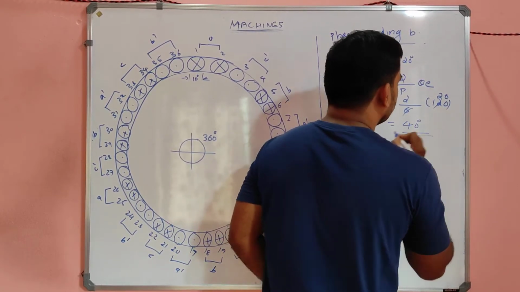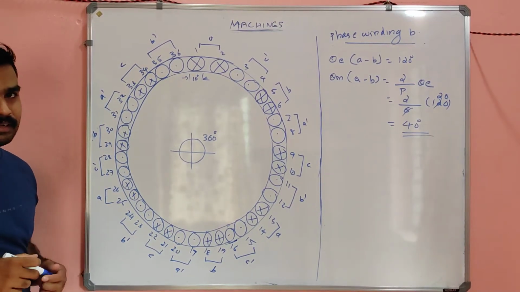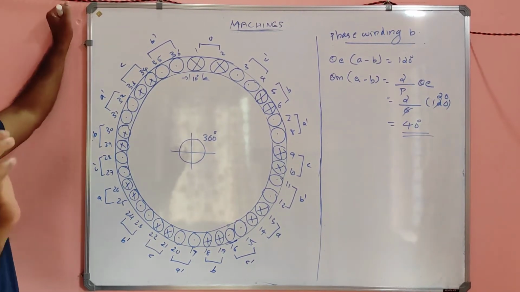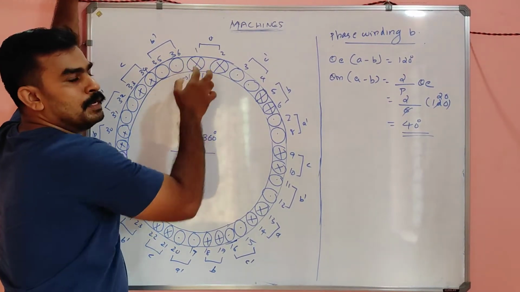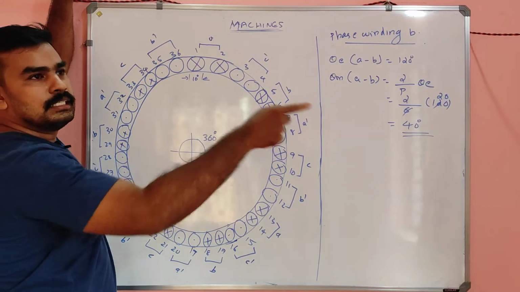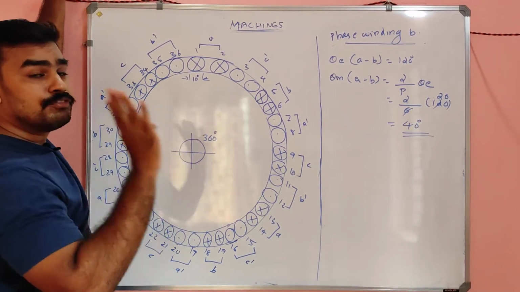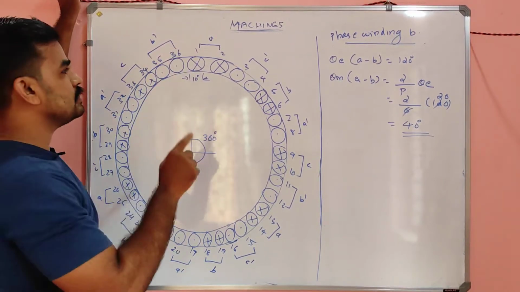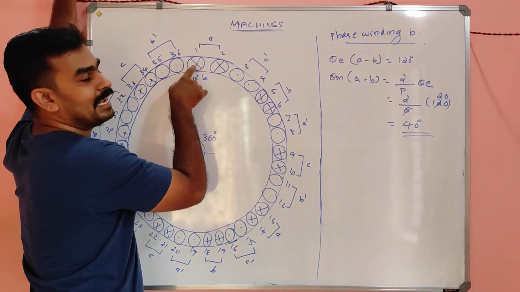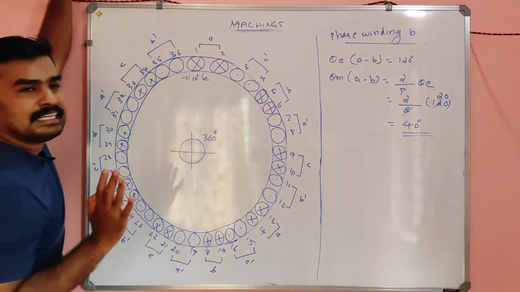40 degrees. The meaning of that 40 degrees is that after you wound phase winding A, you have to insert winding B 40 degrees away from winding A. See, this is winding A: 10, 20, 30, 40, yes, correct.